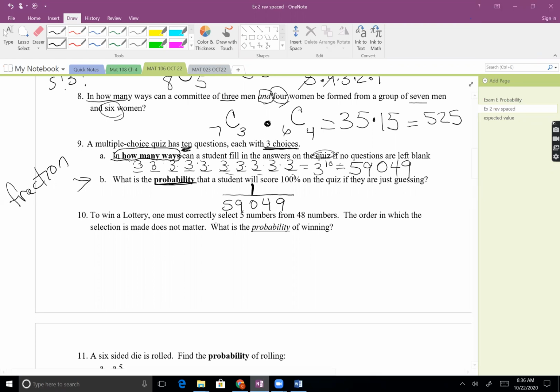Okay. What if it wasn't 100% though? It would be beyond the scope of this course, to figure out all of the other different ways.